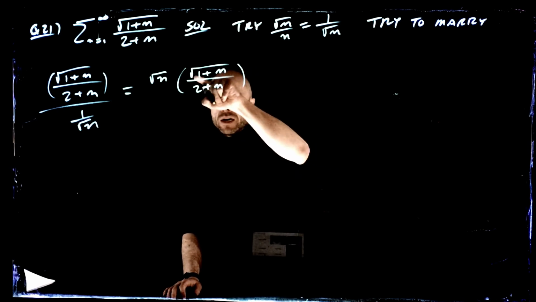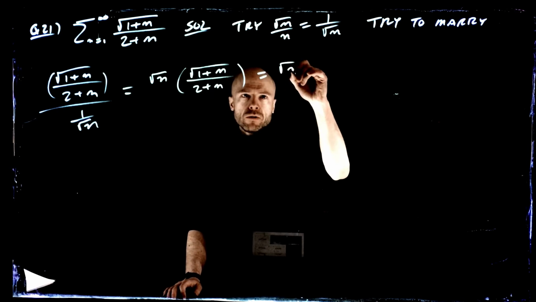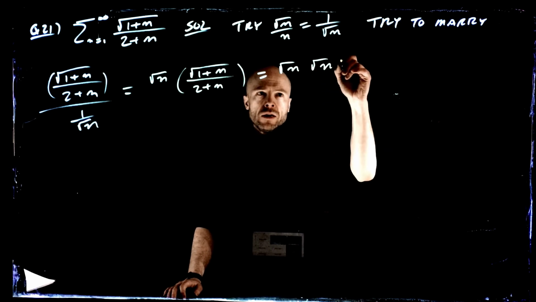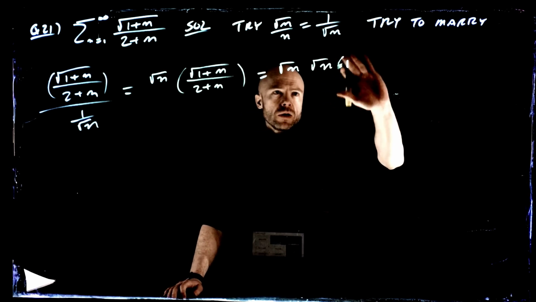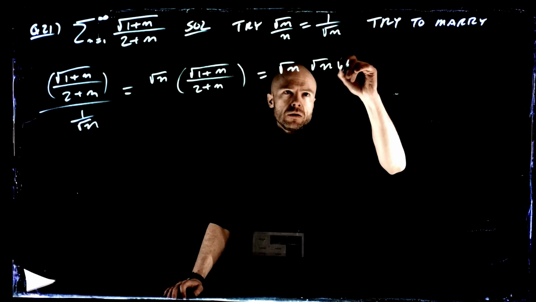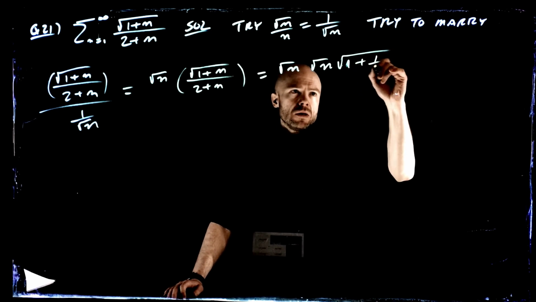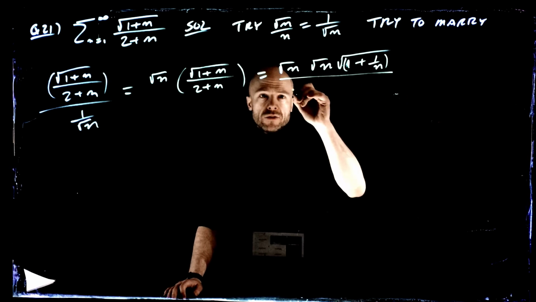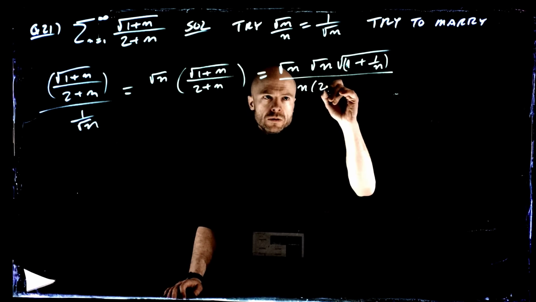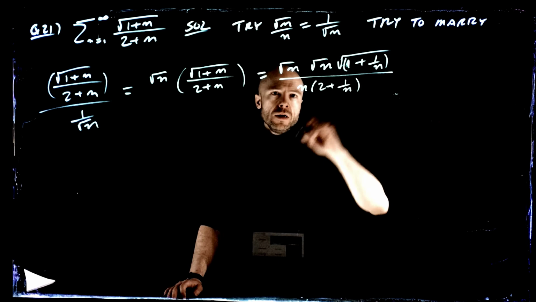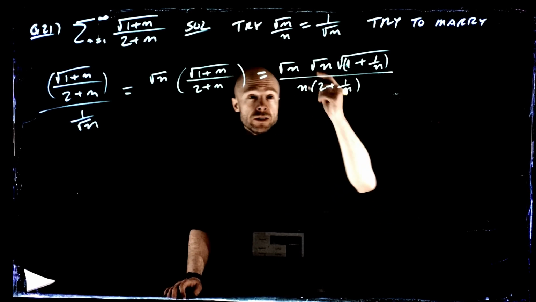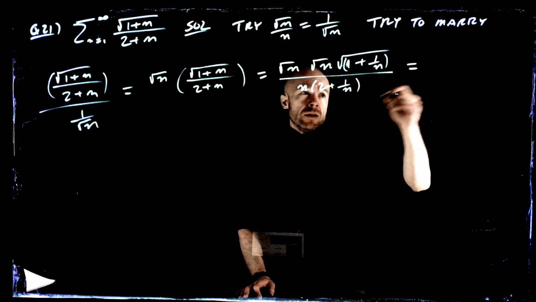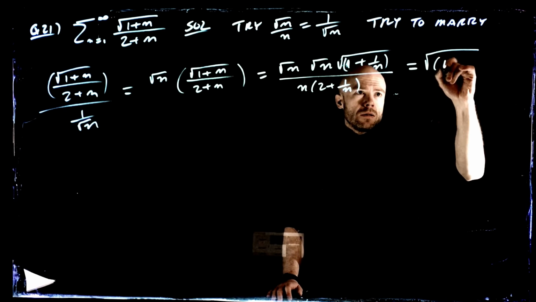Let's factor out an n from the top, so the square root of n times the square root of n, the square root of 1 plus 1 over n, like this. And let's factor out an n from the bottom, 2 plus 1 over n. Yeah? Square root of n times square root of n is n, so this is n over n, so then we have this thing.